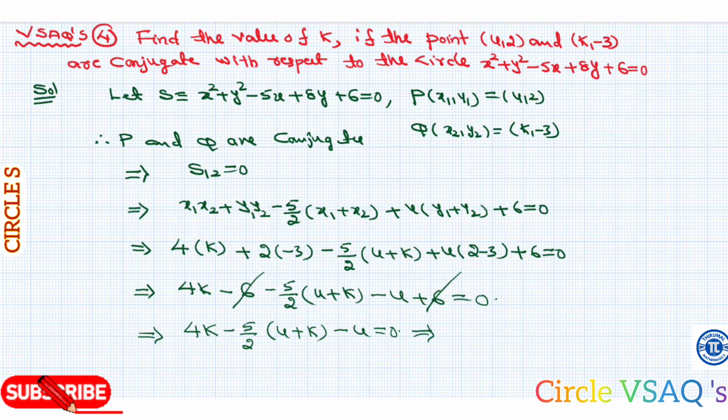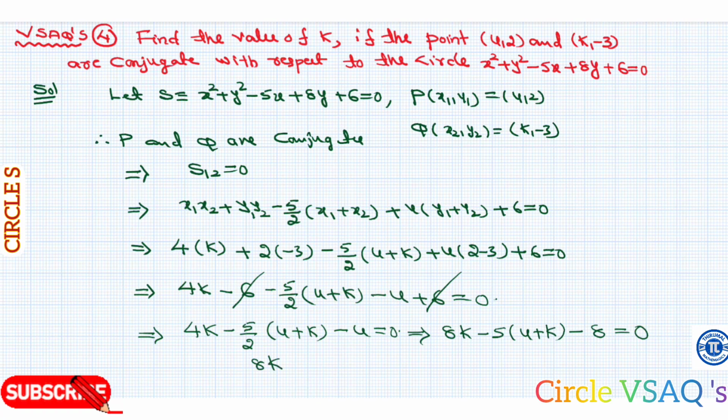Take LCM. Here 2 is the LCM. Implies 8k - 5(4 + k) - 2 into 4 is -8 equal to 0.